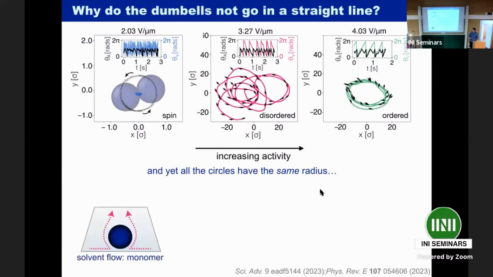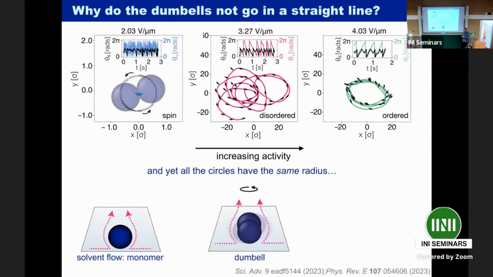So I mentioned that if we have a monomer, then there's solvent flow around the monomer. And if we then have a dumbbell, well, the solvent's still going to flow around the dumbbell. And the picture that we have, which may be naive, if we look down on it, there's mass coming into the dumbbell in the form of the solvent coming in and then flowing up around it.